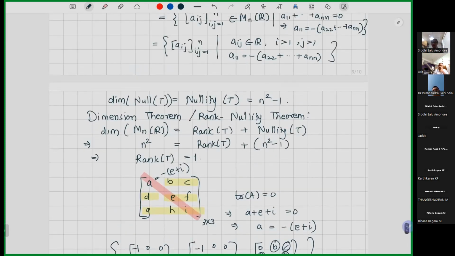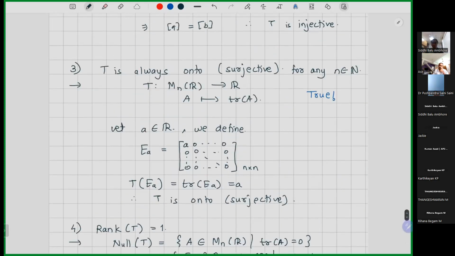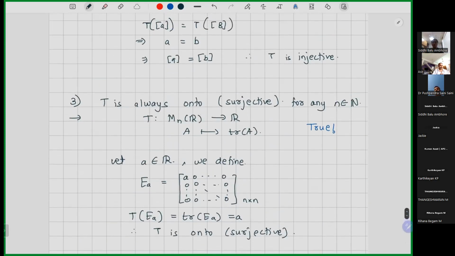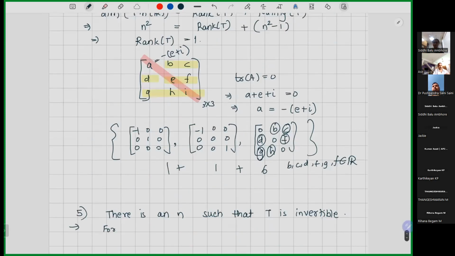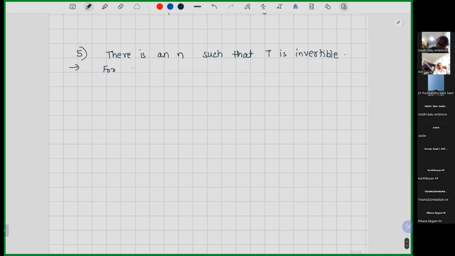We already proved here that T is always onto, and for n is equal to 1, T is also injective. So T is bijection. For n is equal to 1, T is bijection, and therefore T is isomorphism, and hence invertible.